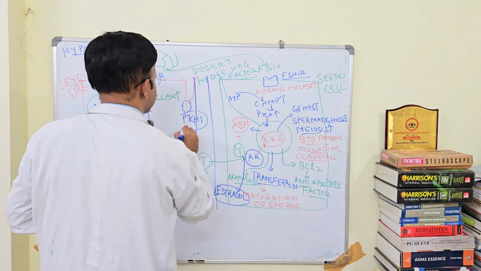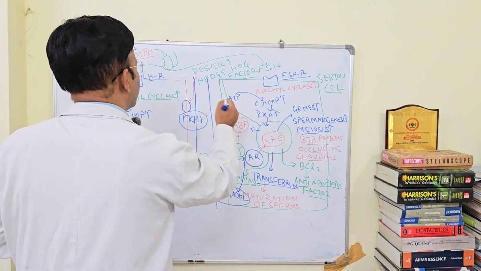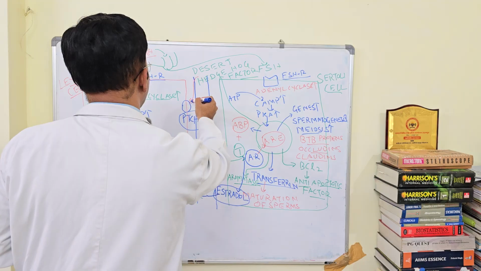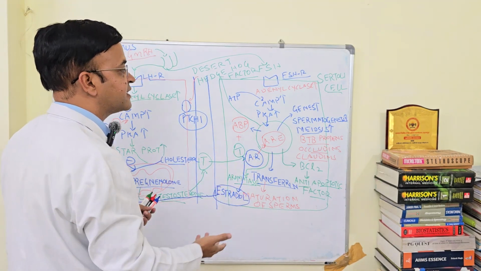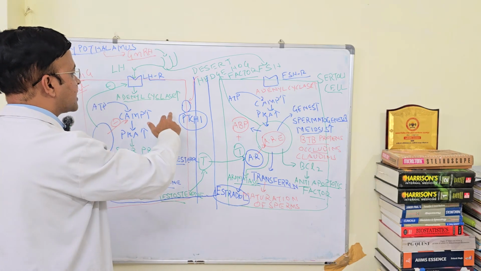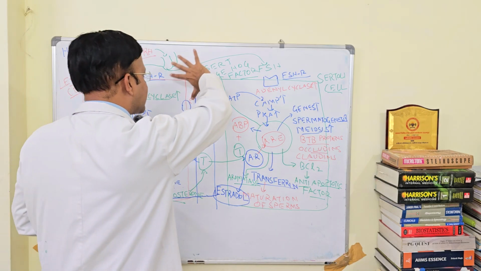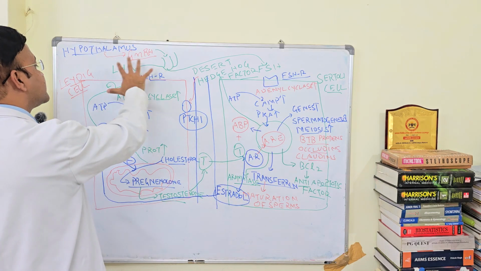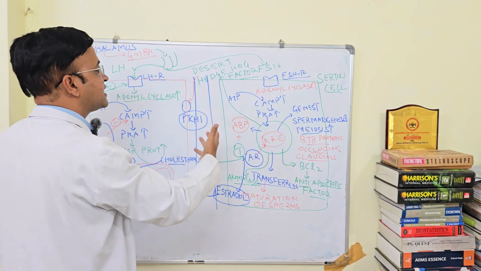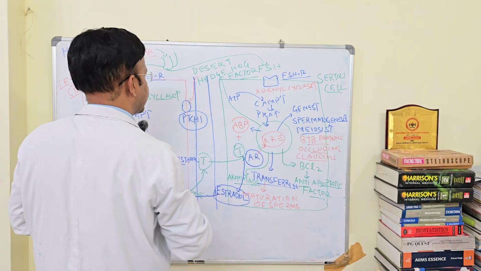And what does this desert hedgehog factor do? It helps in differentiation of Leydig cells during fetal life. If the receptor is lacking, or if this desert hedgehog factor is not secreted during fetal life, the Leydig cells don't differentiate and they don't secrete testosterone, right?